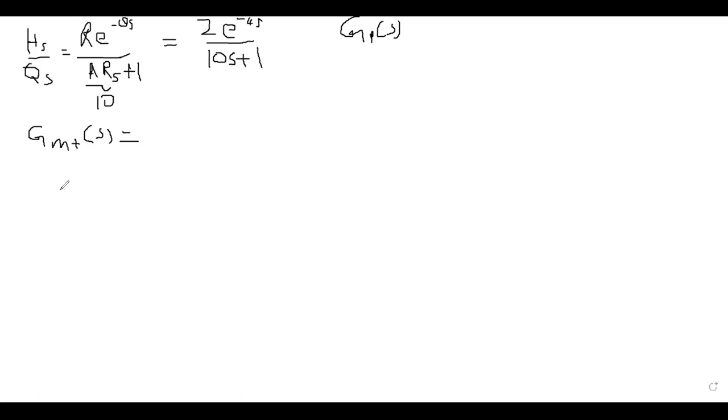So GM plus is basically the numerator, right? We can get the numerator as e to the power of minus 4s, the exponential term. So we can get this here, right? Then GM minus, we can get this part, right?